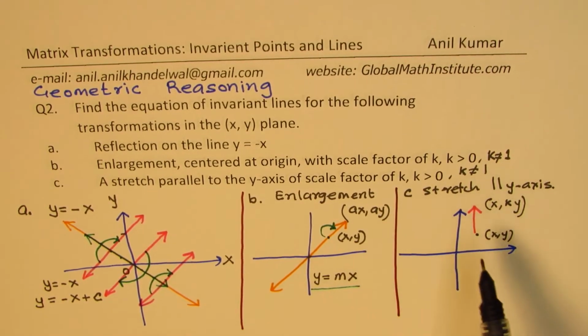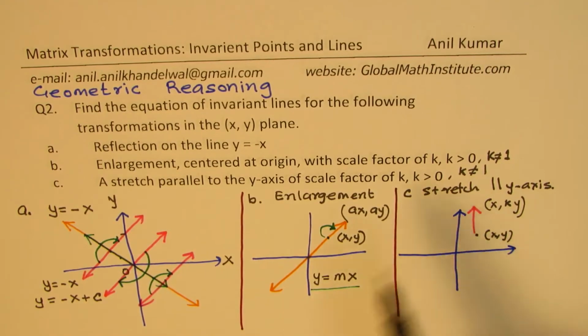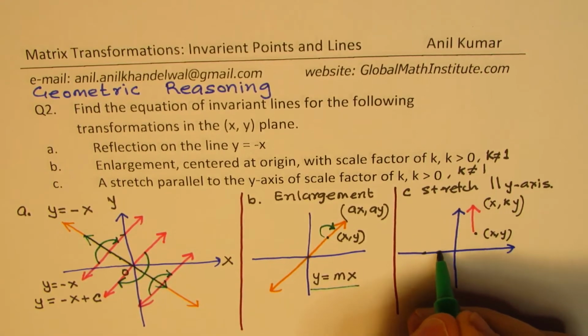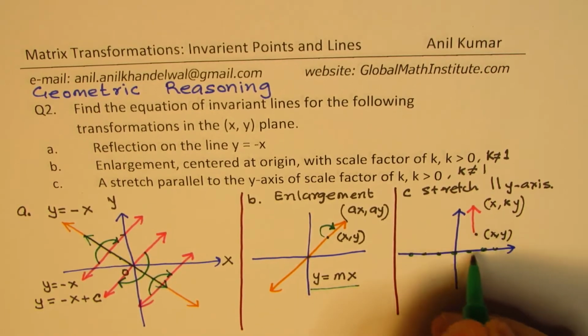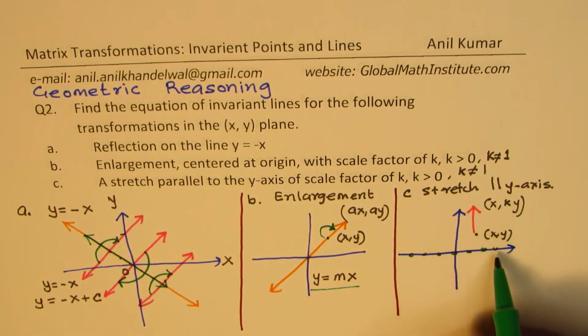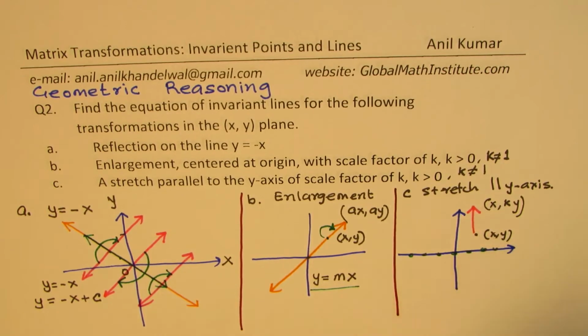Okay, now if that is the case, what do you think are the lines which are invariant? It makes sense that we are actually multiplying the y value. So if the y value is 0 itself, that means all these points here are invariant, right? They are not moving upwards, since k times 0 is 0, right?